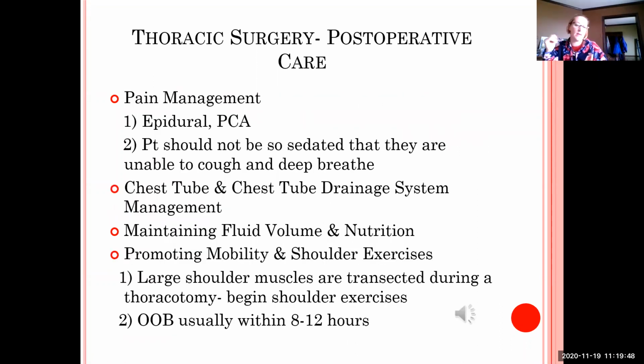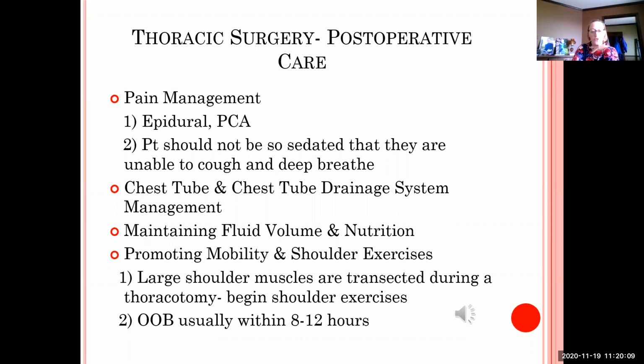Pain management: epidural, PCA. You don't want to oversedate them, because that depresses their cough and ability to take deep breaths, but you need to give them enough pain medication that they're able to do those things. Chest tube drainage system management, we're going to be watching those closely.